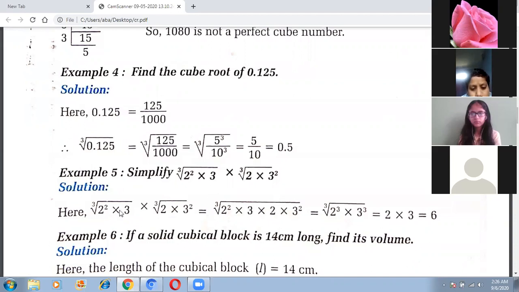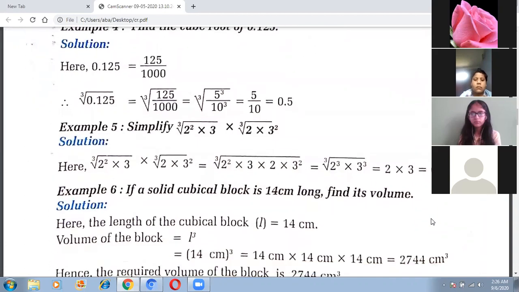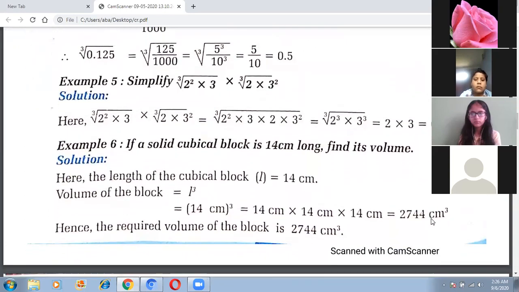If you have cube root को लागि combine गर्दा यति भयो. 2 square into 2, 2 cube. 3 into 3 square, 3 cube. So here also 3 and cube root cancel. Again here 3 and cube root cancel. 2 into 3 equal to 6. Yes or no?